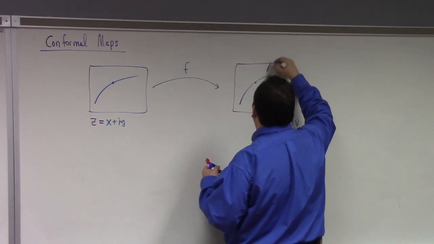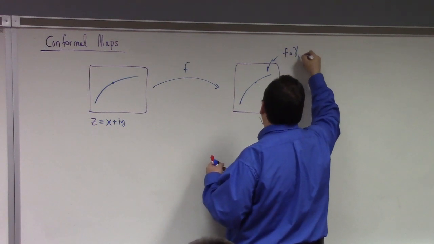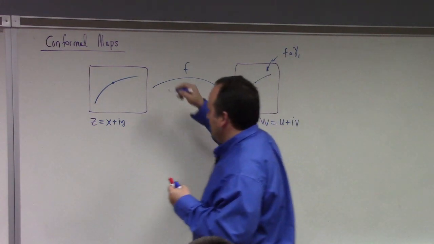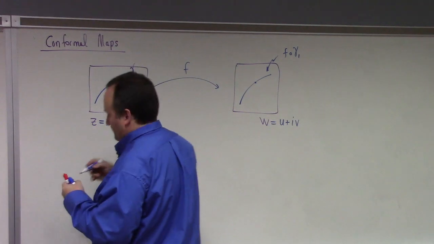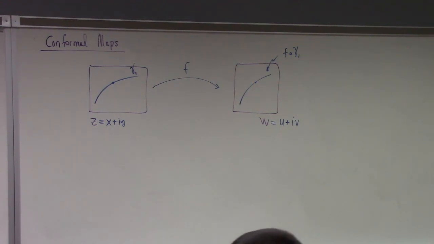So this path over here would be something like f composed with gamma 1. All right, so this is gamma 1. To be more specific, gamma of t could be e to the it. That would be a unit circle. F of e to the it would be the image of the unit circle under the map.